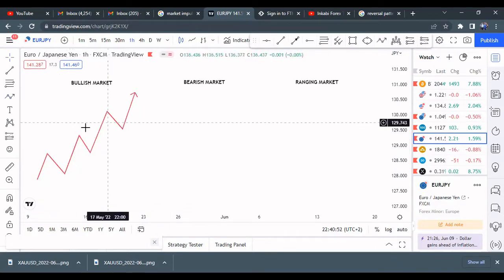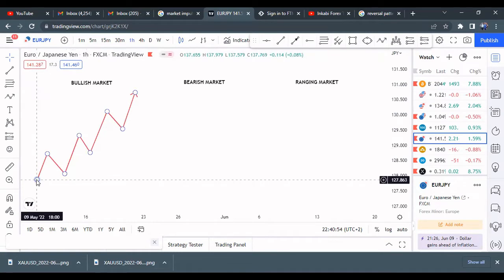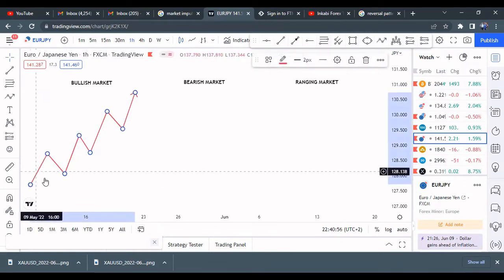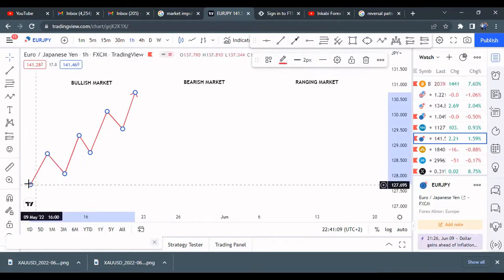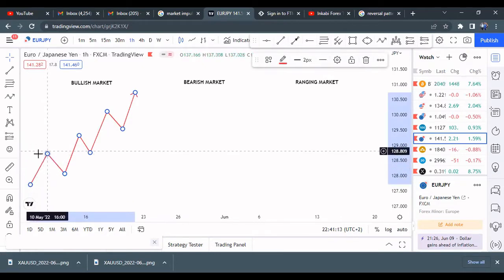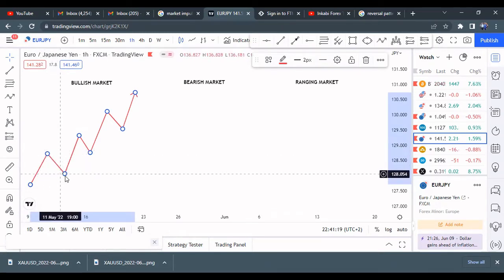In a bullish market, what you should know is that this was the first leg that went to the upside, and then this one didn't break the low of this one. That's why we have a higher high, and then this is a higher low.